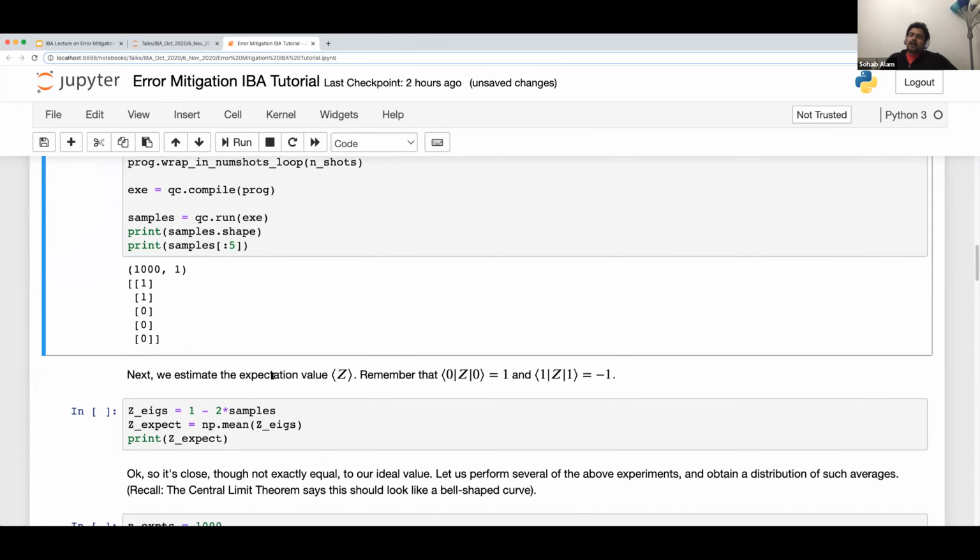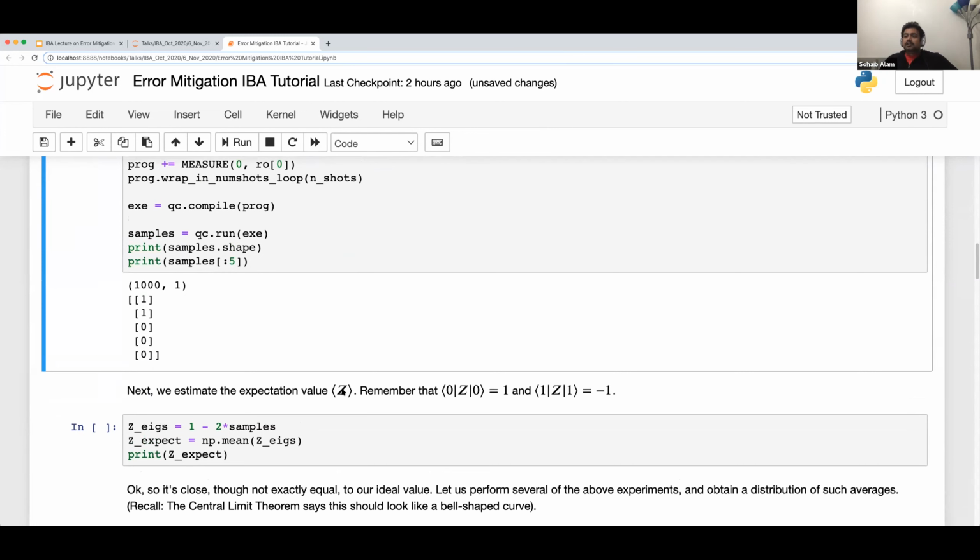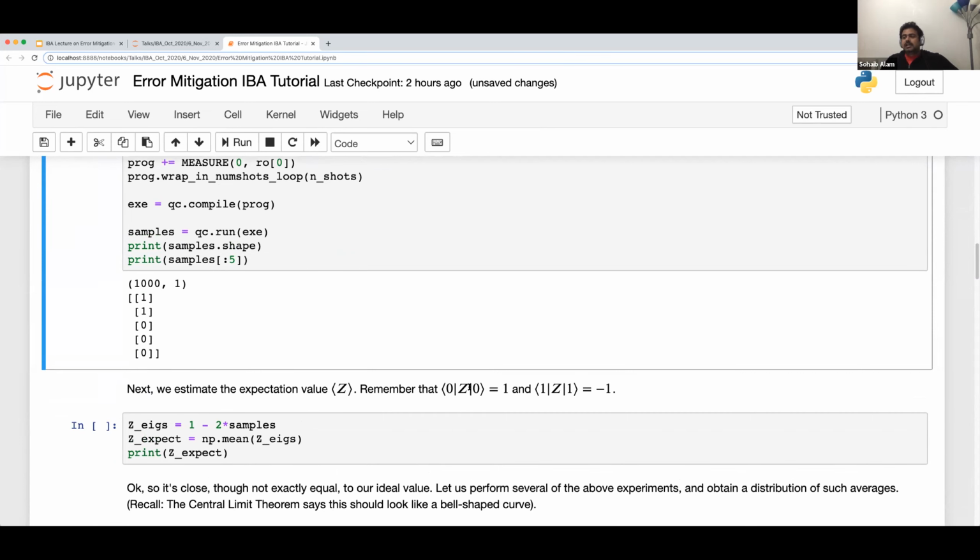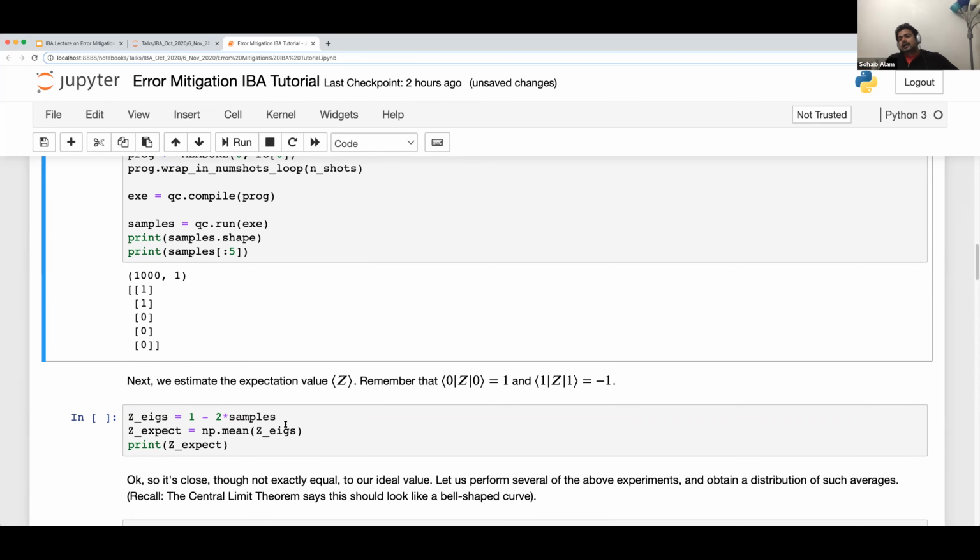So now we're going to estimate the expectation value of Z using these shots. We're going to make use of the fact that Z on the 0 state takes on the value 1, and Z on the 1 state takes on the value -1, right? On my quantum device, all I am able to register is that this is a 0 and this is a 1.